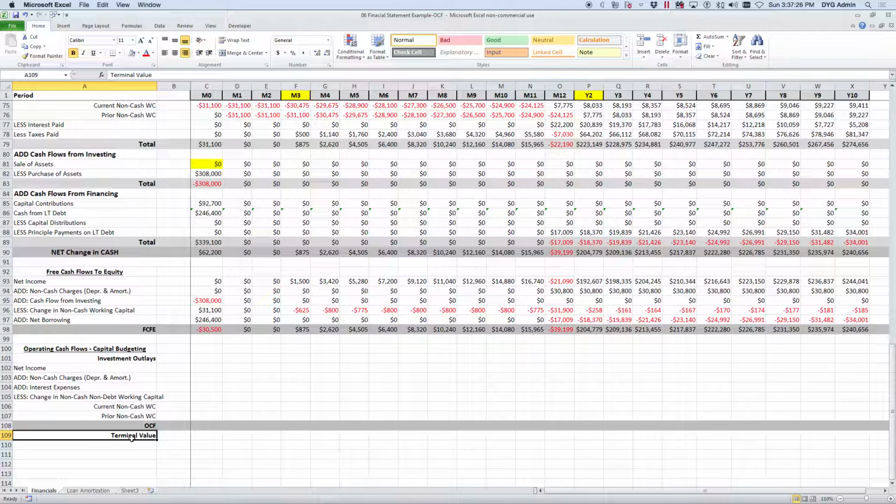So either you're shutting it down and you'll have some sort of terminal cash flow from liquidating everything, or you're going to make some assumption about it going on into perpetuity and you'll get a value there. And again, I'm not going to really go into the theory related to the terminal value in this, but I will show you how we would implement it.